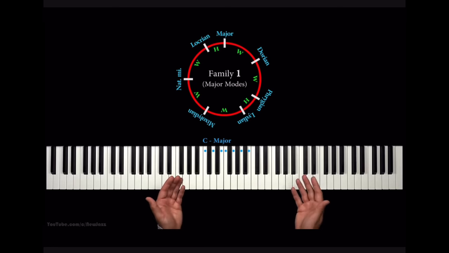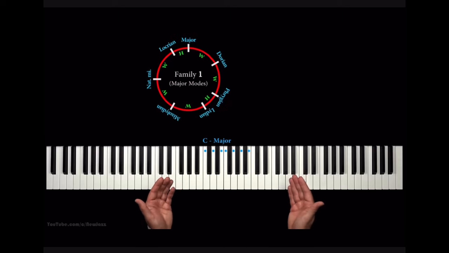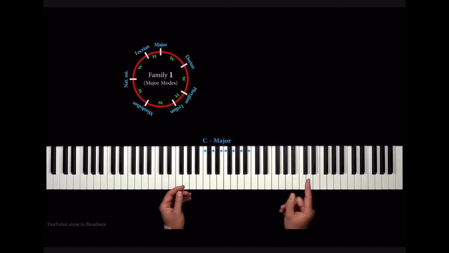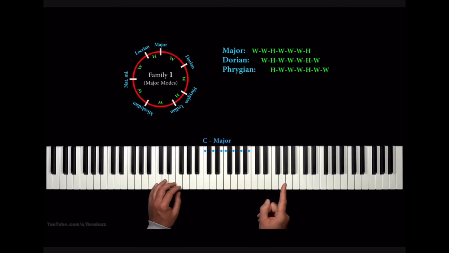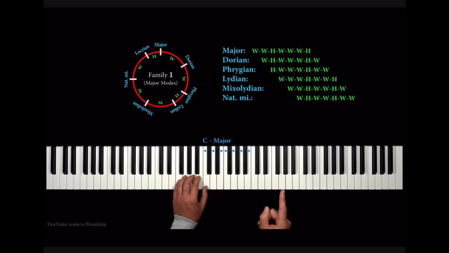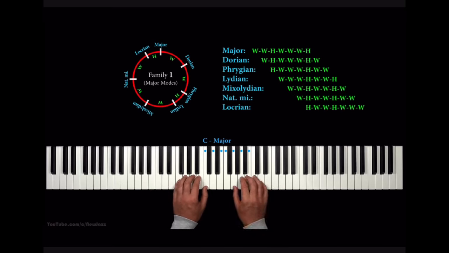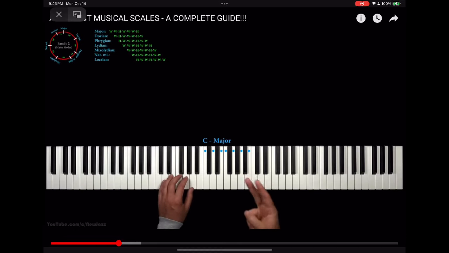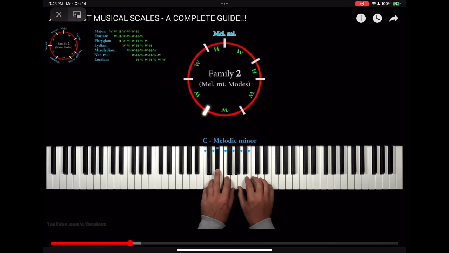Now, let's write down the interval steps of each scale. Now, let's move on to family 2, family members.